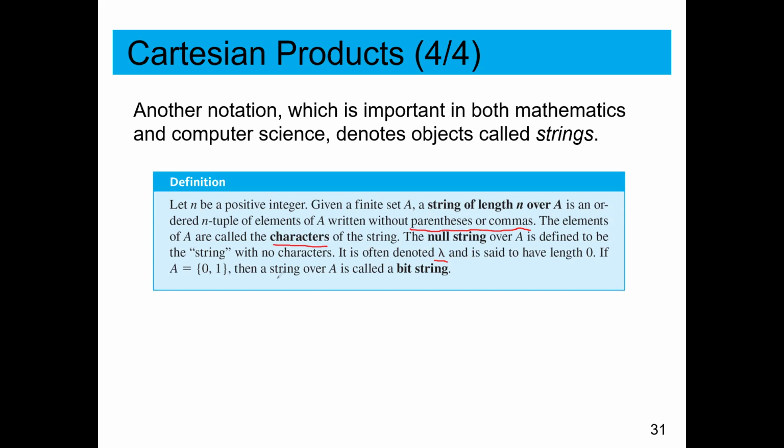If A is 0, 1, the string is called a bit string, because the elements are built out of bits. For example, a bit string could look like 0, 1, 1, 1, 0, 1, 1. If we counted it, we would notice that it has 7 different characters, and each character has a specific position.